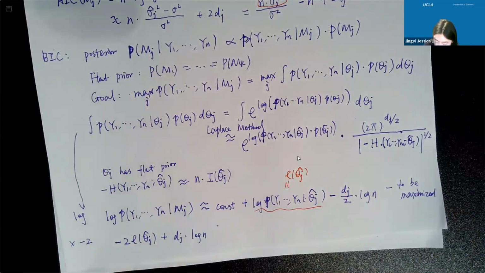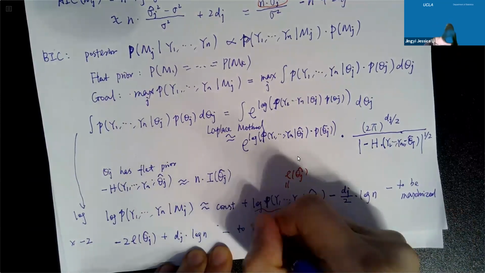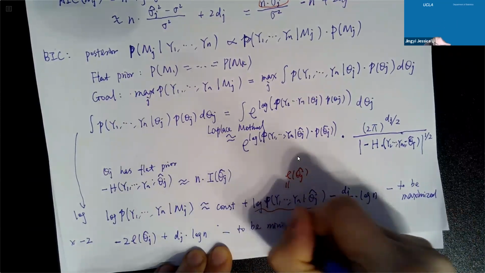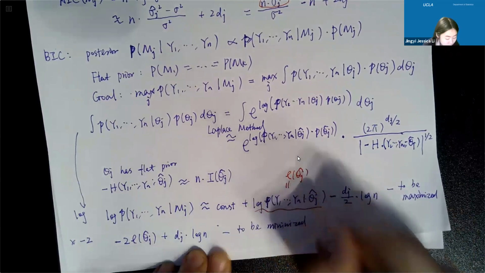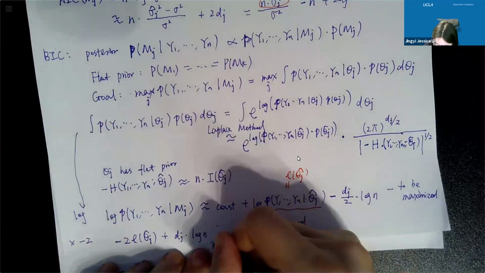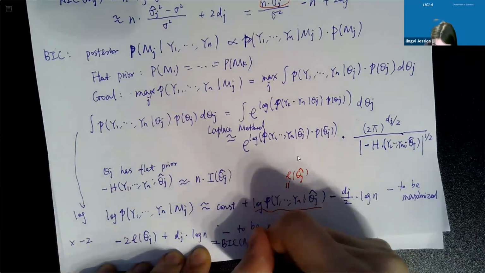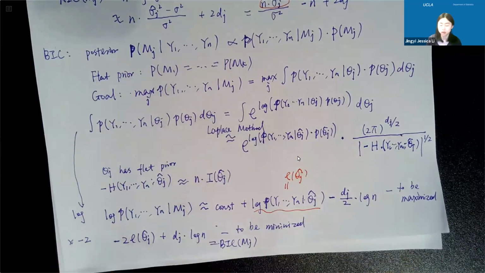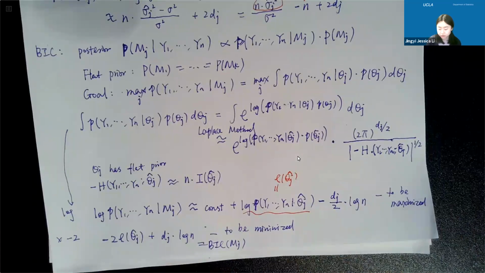Okay, so this is going to be minimized. And this is essentially what we define as the BIC of model Mj.